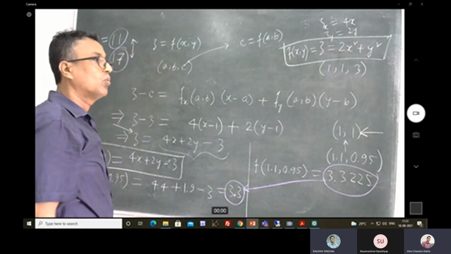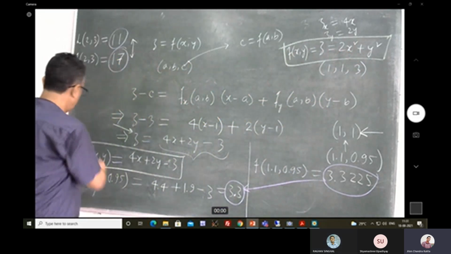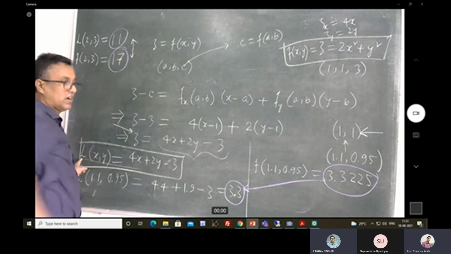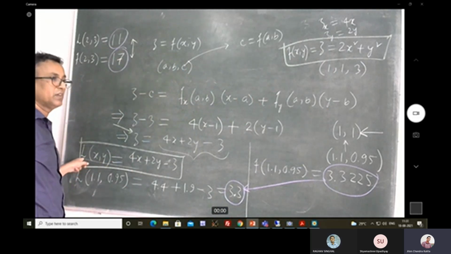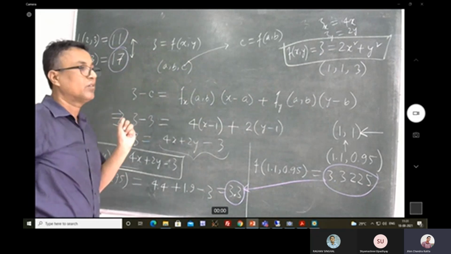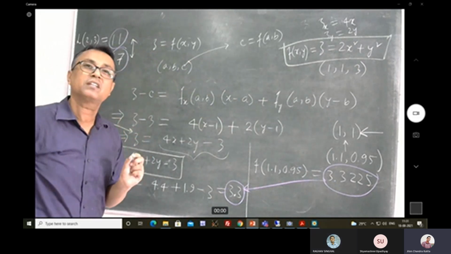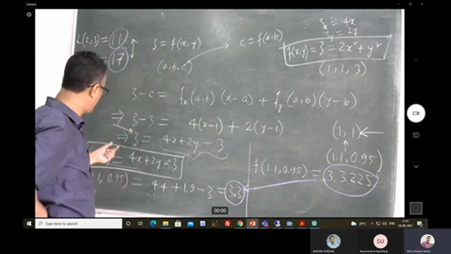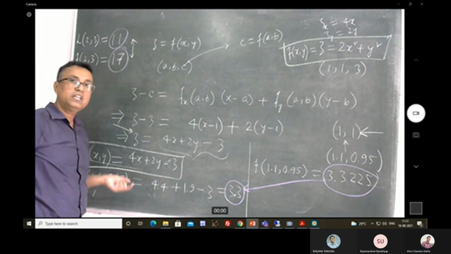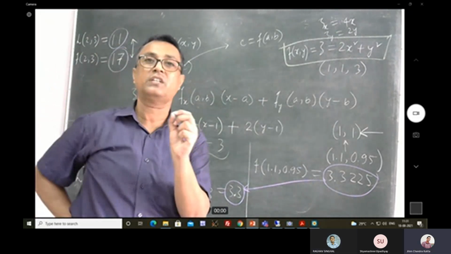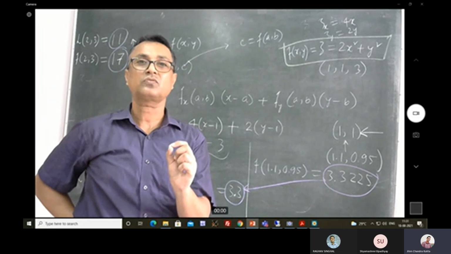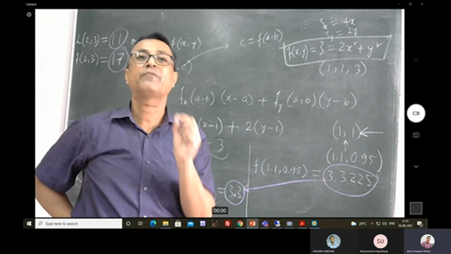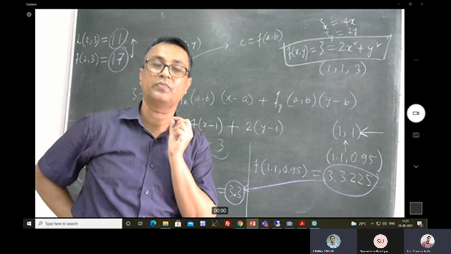So what does that tell you is that if I want to approximate a function given by some expression with the help of this new function, which has been obtained through the tangent line, in the vicinity of the point at which the tangent line has been considered, then I get a very good approximation.